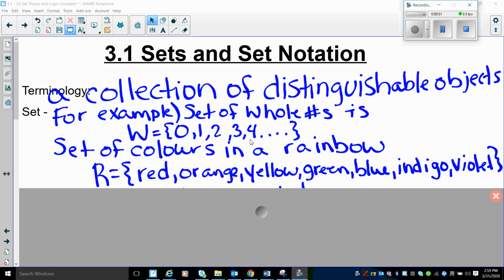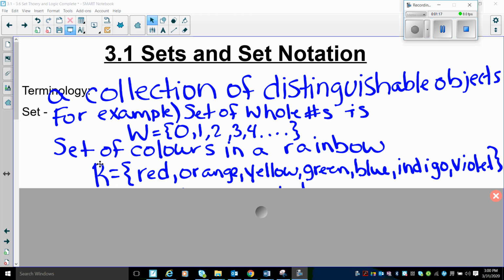To list a set, they use a capital letter that usually represents whatever you're talking about. Then they put an equal sign and then some curly brackets to open up the set. Then you list with commas all the objects inside of the set, and then you close the bracket with a curly bracket.